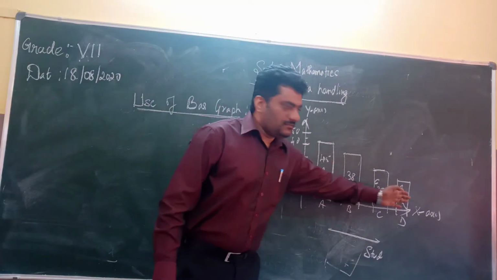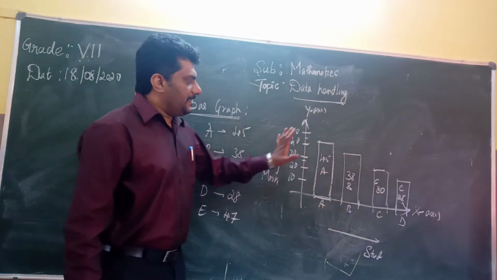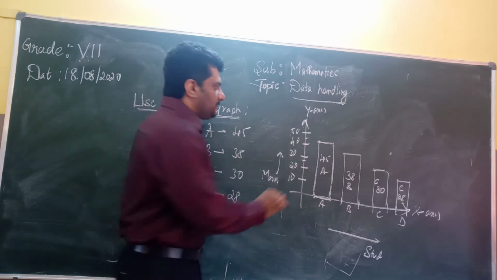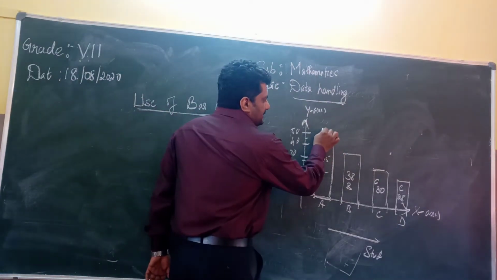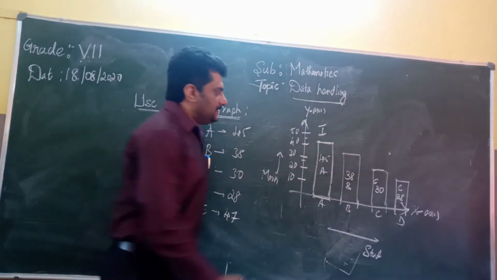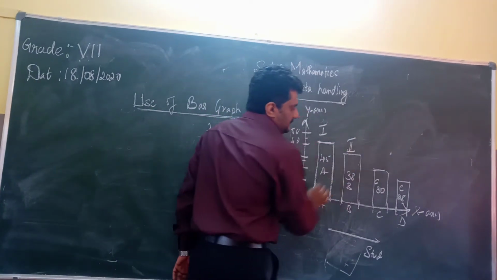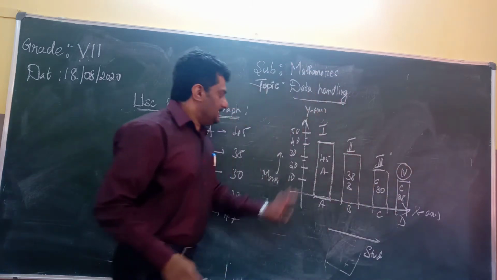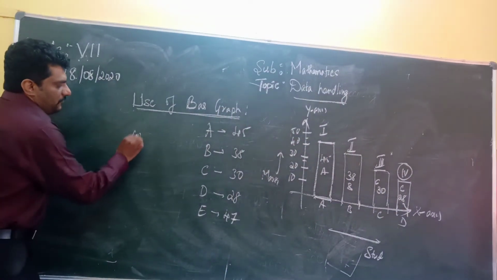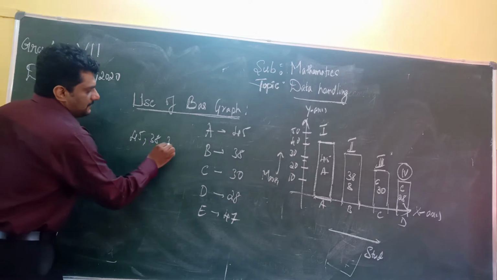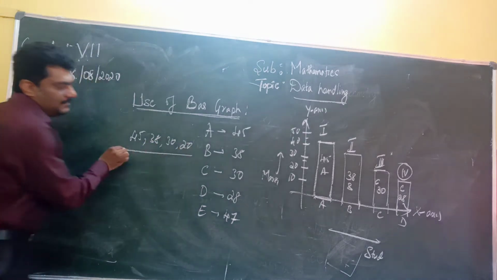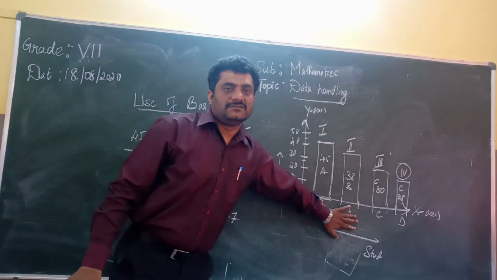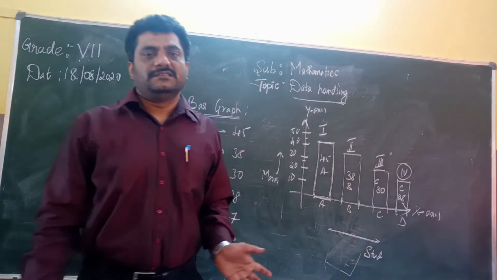Now if you see this, by looking at the diagram, you will be able to recognize who has got the highest, because this is the tallest one. This is the first highest. This is the second highest. This is the third highest, and this is the fourth. If I write the same numbers like 45, 38, 30, 28, the moment you see this one and this, I think this gives you a clear picture of who is the highest and the lowest.